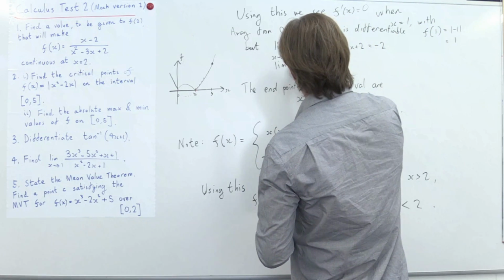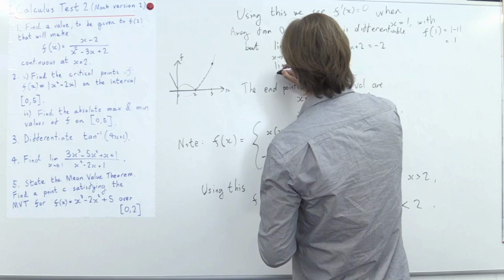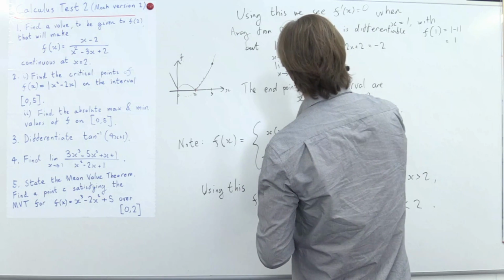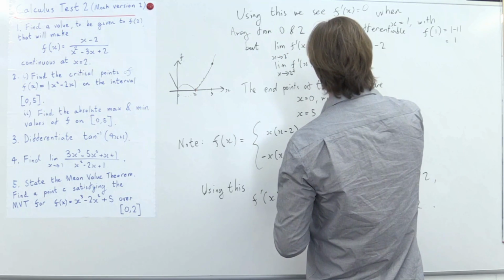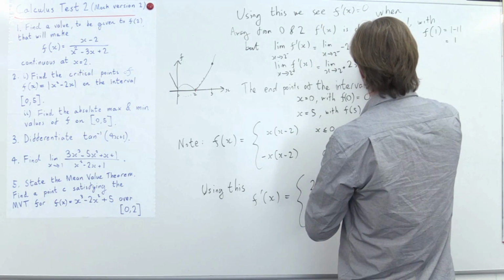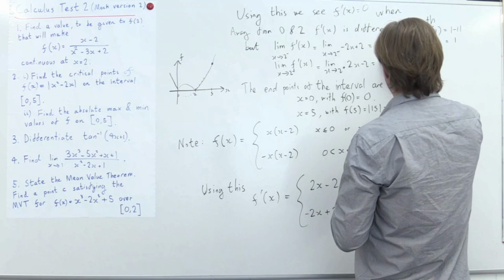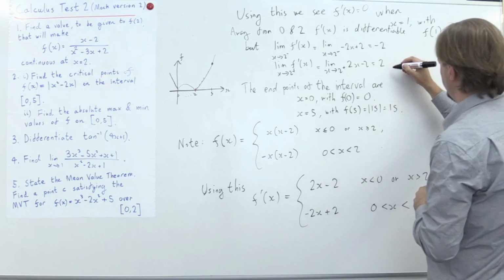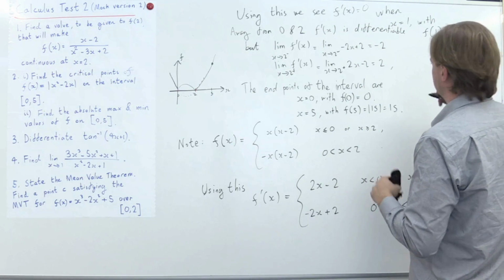And the limit as we approach from above, well, that's the same as the limit of 2x minus 2, which approaches 2. So it's not differentiable at x equals 2.